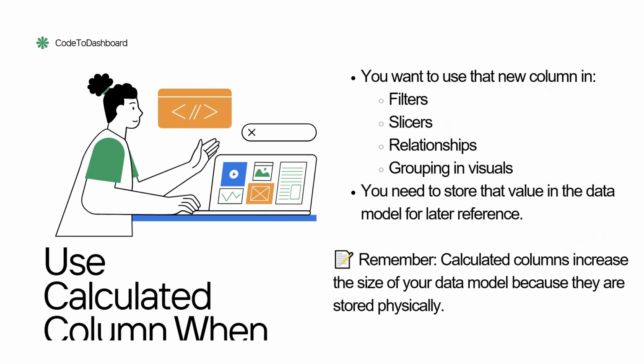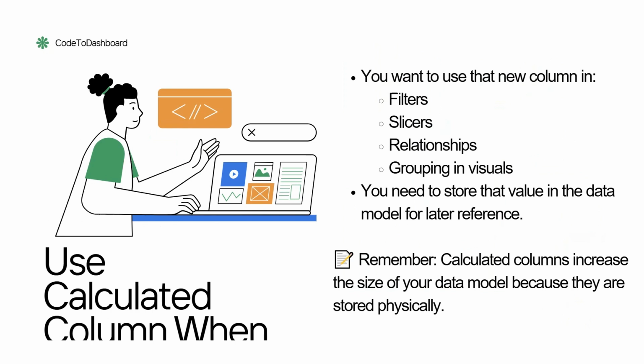A calculated column is the right choice. You also need a calculated column when you want to use it in slicers, filters and visual grouping, or when you are defining relationships between tables. But remember, calculated columns increase the size of your data model since the values are stored physically.